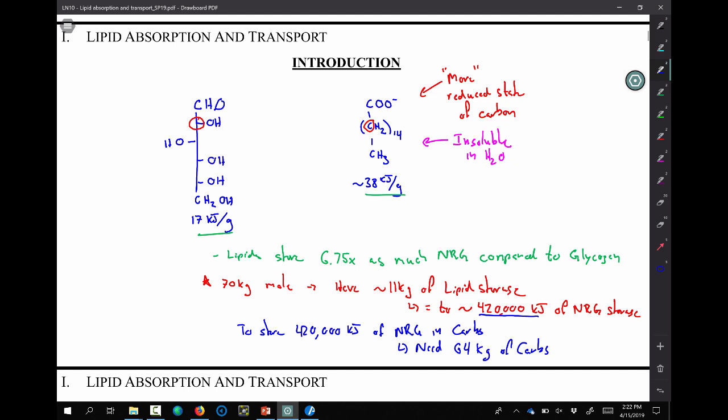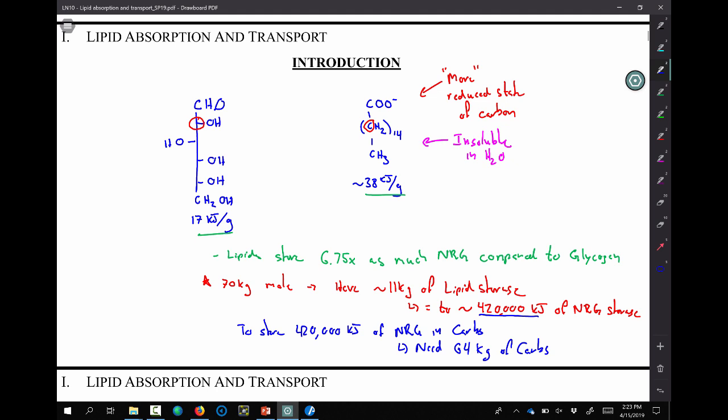So this just highlights how much more energy can be stored in lipids, and why lipids would be a preferred means of energy storage. Because number one, it's a more reduced form of carbons, and secondly, it's anhydrous. This weighs significantly less to store that much more energy.